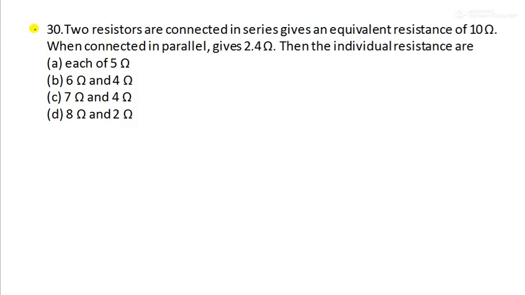This is question number 30, the last question which I'm going to solve, because after this I'm going to give 2 questions as homework that you have to solve and write the answers in the comment section. See what the question is here. Two resistors are connected in series, giving an equivalent resistance of 10 ohm.